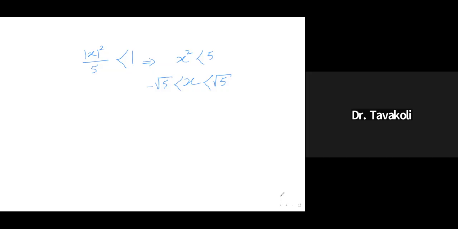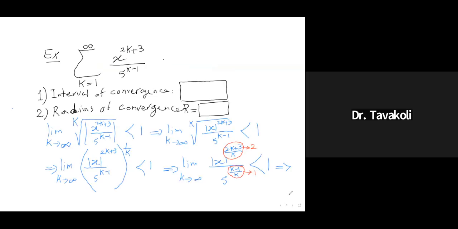By solving this inequality, which guarantees that when we apply the root test this is less than 1, we got the solution x more than minus radical 5 and less than radical 5. So for these x's, the power series is definitely convergent.